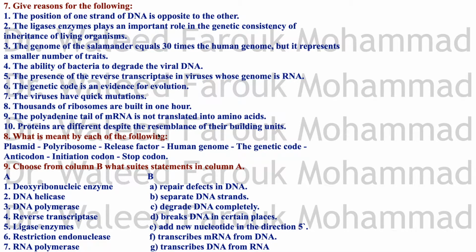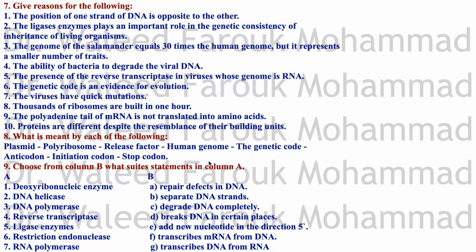Proteins are different despite the resemblance of their building units because they differ in the number or kind and the arrangement of amino acids in each polymer, and they're different in the number of the polymers that form proteins, and different in the weak hydrogen bonds that give the protein its shape.